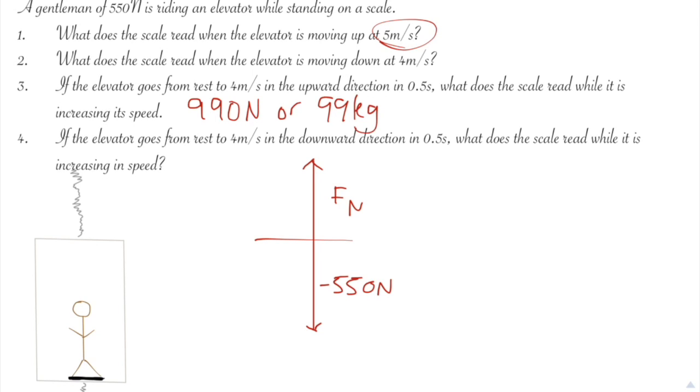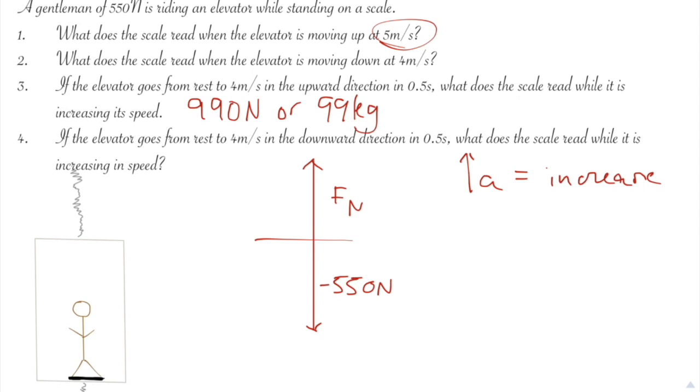So again, if the elevator is accelerating in the upward direction, so upward acceleration, it equals an increase in the measurement of the scale, and that is because the scale is pushing on the man, and the man at the same time is pushing down on the scale and causing that scale to increase in value.